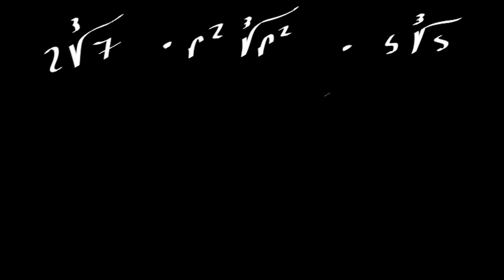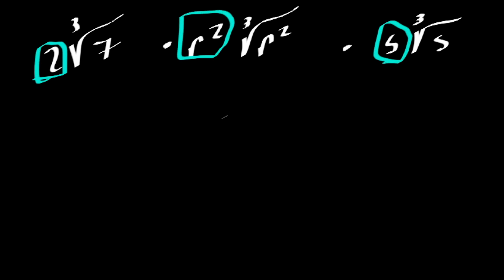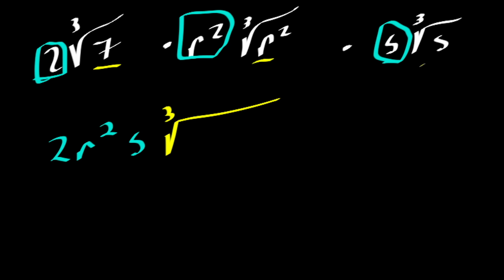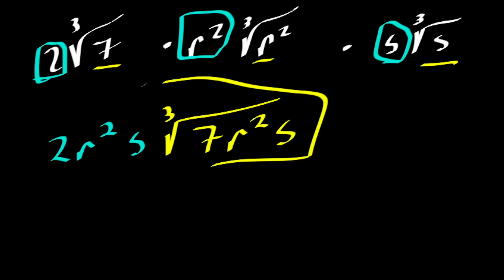All right, so now when we're putting this all back together, we are going to take everything that's on the outside of our radicals, and multiply those and keep them on the outside. So 2r to the 2nd s is going to be on the outside of our answer. On the inside of our answer, we're going to multiply everything that's under our cube root, but keep it under the cube root. So it would be 7, r to the 2nd, and s.